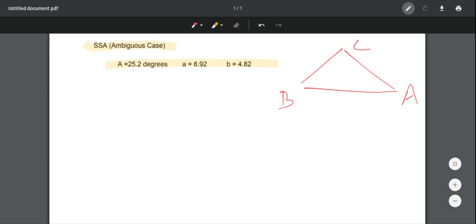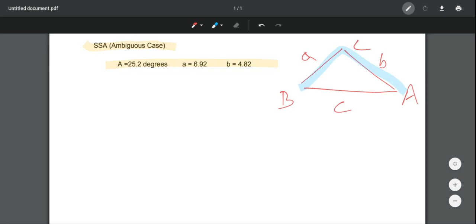Well, I'm given A, the length of A and the length of B. Well, A is across from A always, B is across from B, and C is across from C. If I highlight this and I say, okay, well, let me look, I'm given A, B, and then angle A. You'll see that angle A is not included between side length A and side length B. Therefore, we have our ambiguous case, SSA.